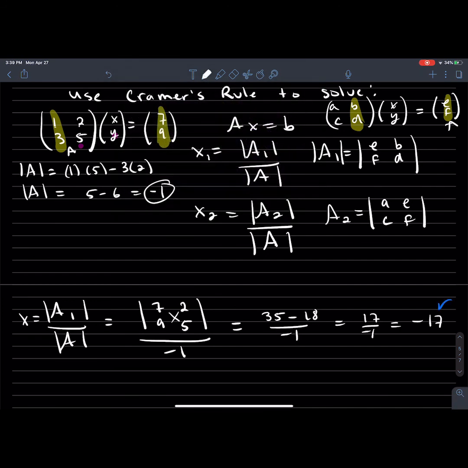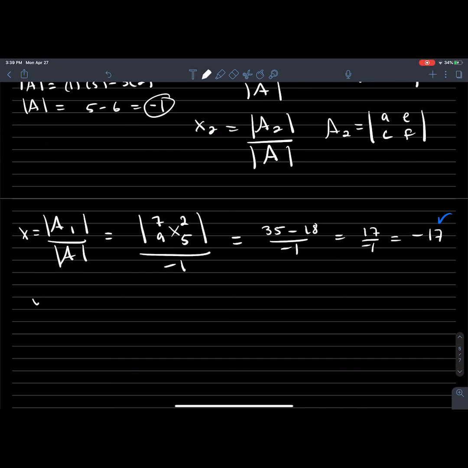Let's do the second one. Y, or x2, call it whatever we want. I think I called it x2 up there, sorry. x2, that's x1, is A2 divided by A, that's the formula. For A2, we'll just make the determinant divided by -1, we found that.